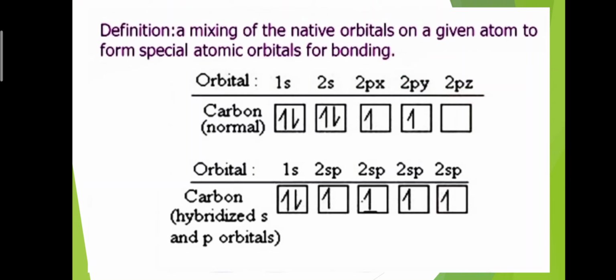And the hybridized orbital of atomic carbon is 1s2, 2sp, 2sp, 2sp and 2sp.